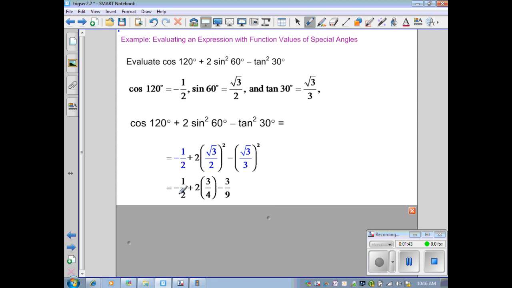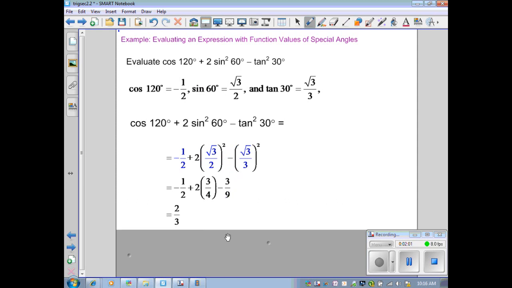Simplifying, I get negative 1/2 plus 2 times... the square root of 3 times the square root of 3 is the square root of 9, which is 3, all over 2 squared, which is 4, minus the square root of 3 times the square root of 3 is the square root of 9, which is 3, over 3 times 3, which is 9.